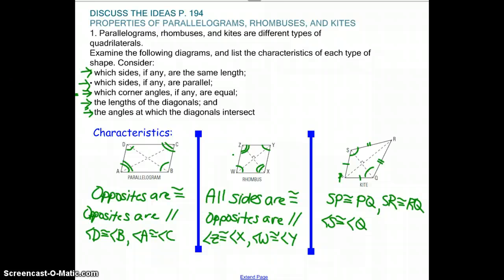With the rhombus, diagonals are perpendicular, which means they're at 90 degrees. So diagonals are perpendicular. This means 90-degree angles. Same with the kite. The diagonals are perpendicular. So those are properties of parallelograms, rhombuses, and kites.